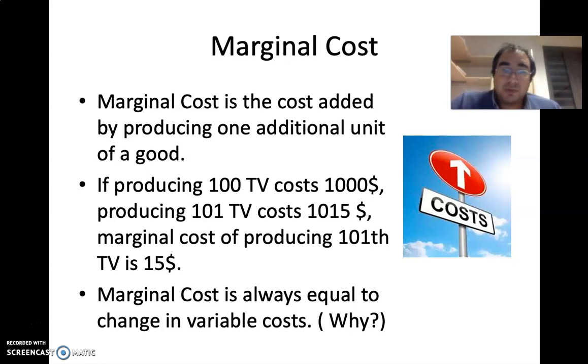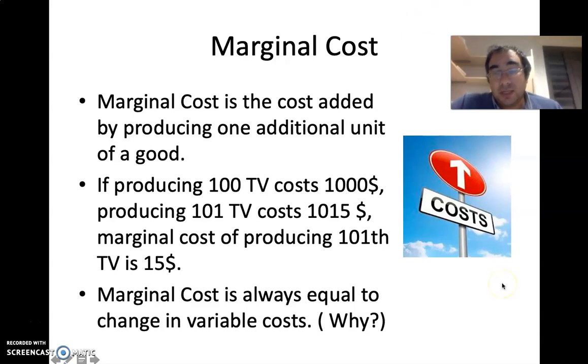Of course, one problem we might have is that you can hire only a single worker, and that single worker might add, for example, an additional 10 TVs to the production level. In that case, you can only define marginal cost for those 10 TVs as a whole, although the marginal cost itself is actually defined in this way.